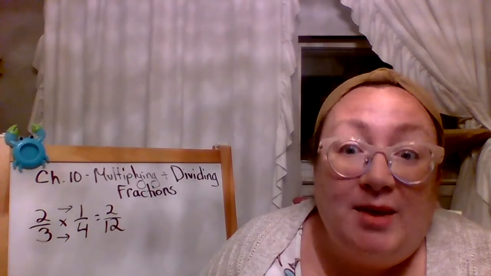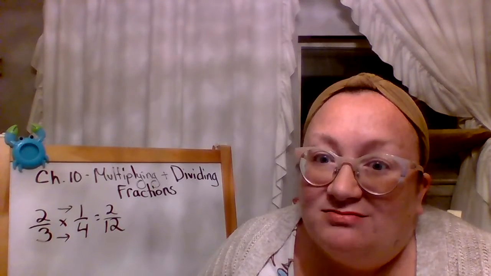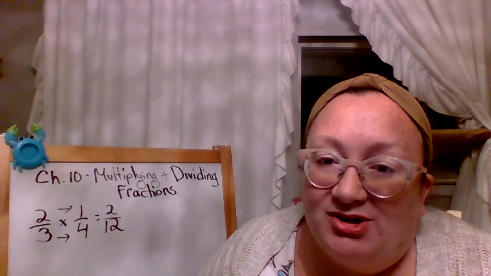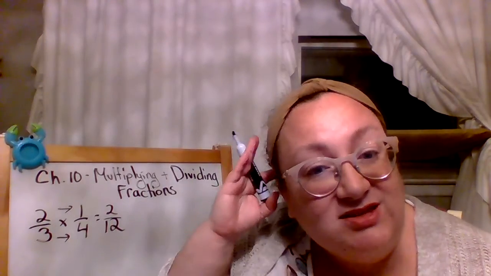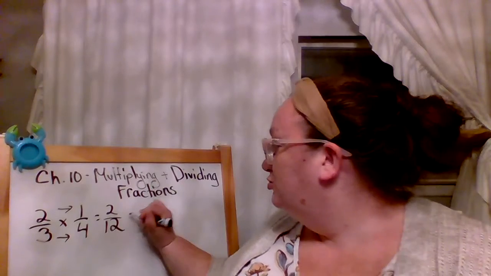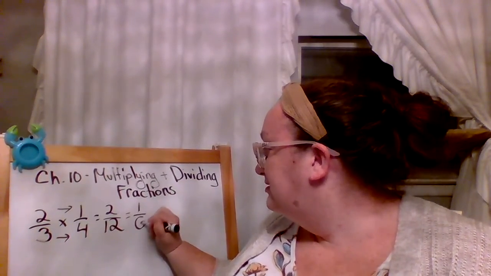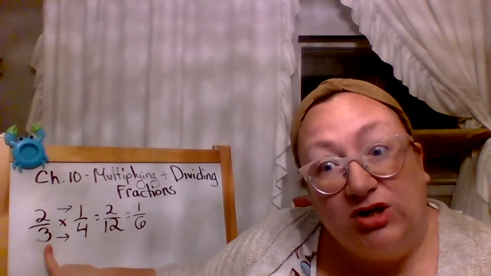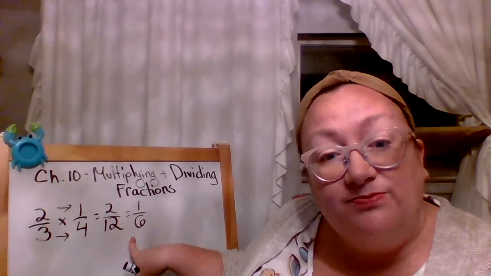So I'm looking at my answer, 2/12. The numerator and the denominator are even. So I can divide them both by, you guessed it, 2. So 2 divided by 2 is 1, and 12 divided by 2 is 6. So 2/3 of 1/4 is 1/6.